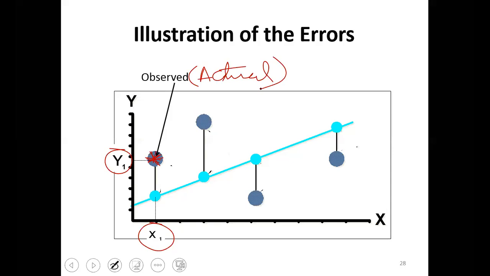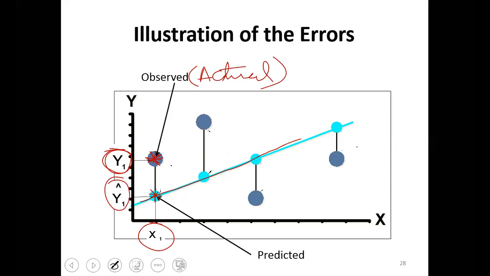Now this is what we call the predicted value. The predicted value is on the line. So this is the predicted value for this y value.